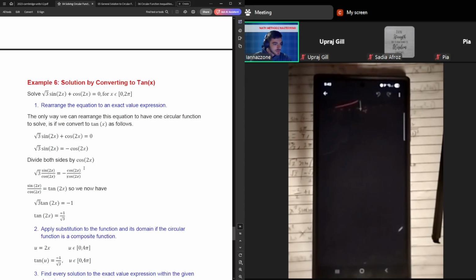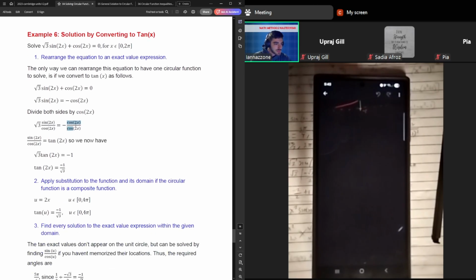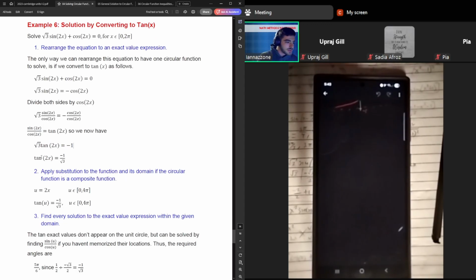It's really up to you there when you want to do that. Point being, when you divide both sides by cos 2x, the cos 2x term itself will cancel down to just 1, or at least in this case, -1. And then when you do sine divided by cos, that's just tan. So you get it down from having two circular functions to just one. From there, you rearrange that, and then you just solve.